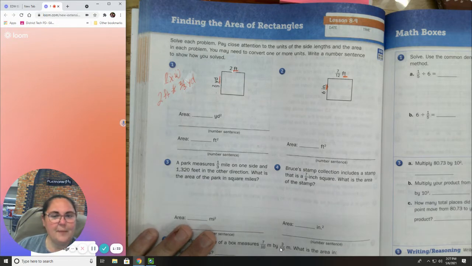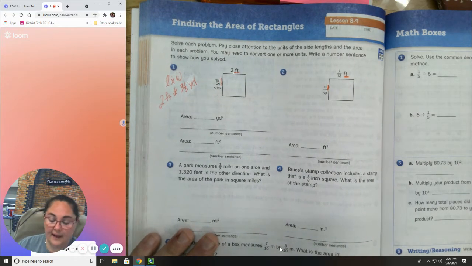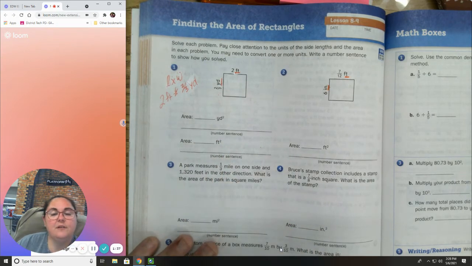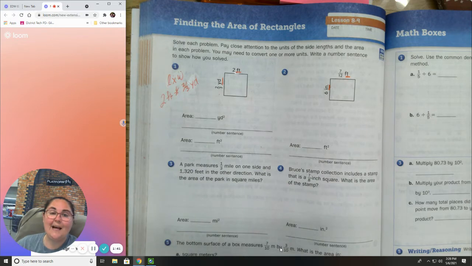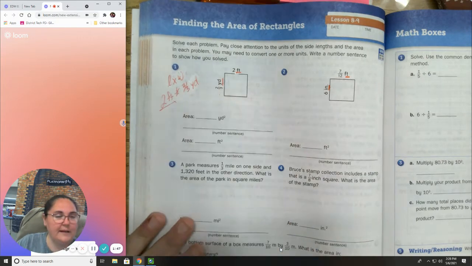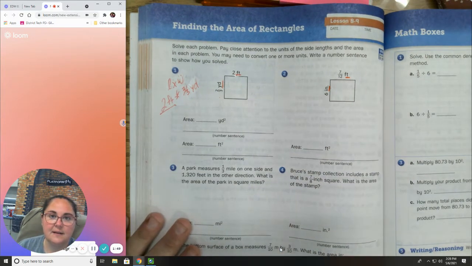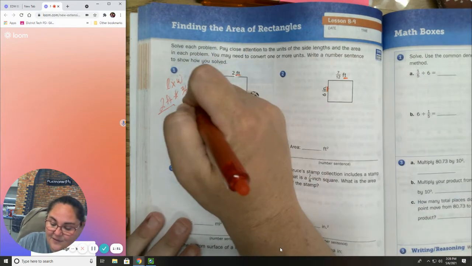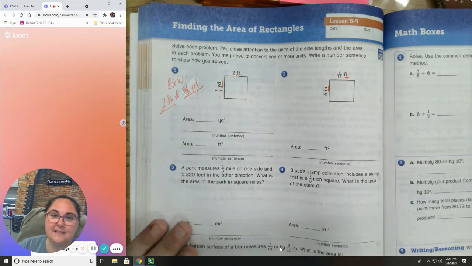You can convert it a couple of different ways. The easiest way for me is I'm going to make it into feet because I know that 2 feet is already a whole number.